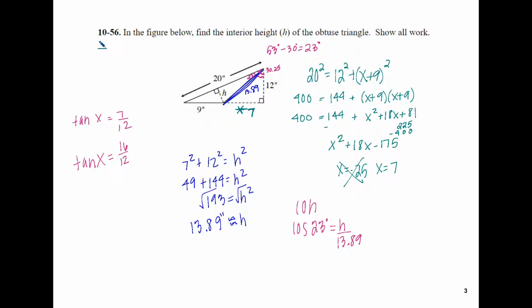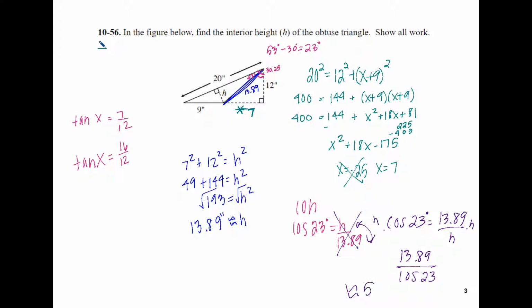Don't forget to do your opposite over your hypotenuse. So the cosine of 23, sorry I have it backwards, is equal to 13.89 divided by the hypotenuse. So multiply the hypotenuse on each side. So we really have 13.89 divided by the cosine of 23, which is approximately 5.4.